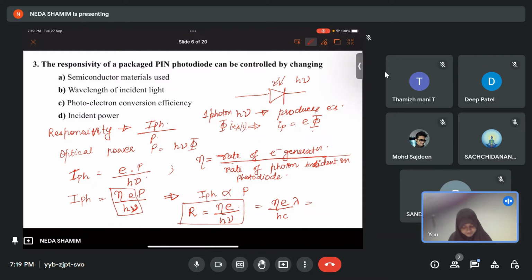So this will be eta lambda by 1.24, with lambda in micrometers. So my responsivity depends on lambda, but there is a factor eta, which is my quantum efficiency.